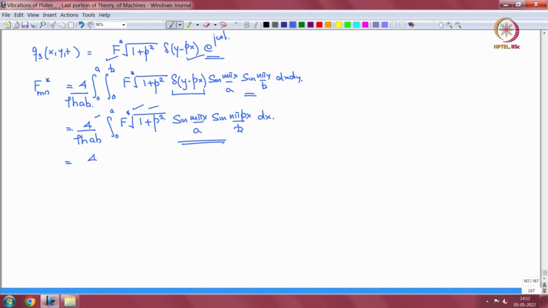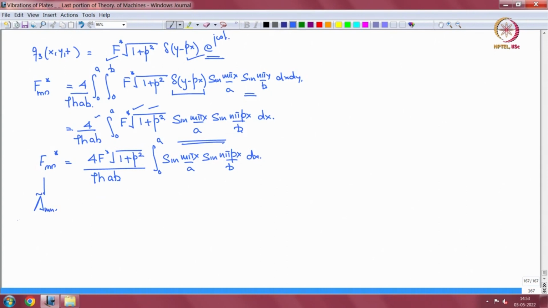One last step, 4 F star square root 1 plus p square by rho h a b integral 0 to a sin m pi x by a sin n pi px by b dx. That is my Fmn star. So, from here I move to gamma tilde mn and all that.